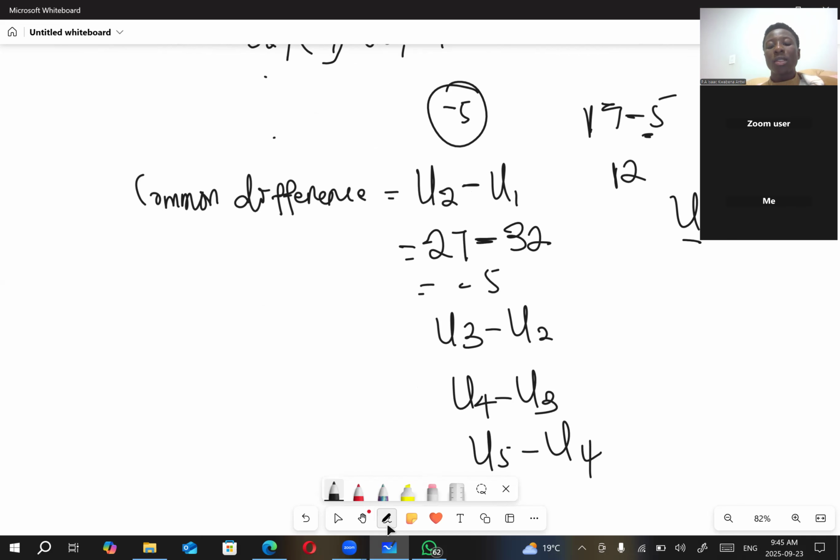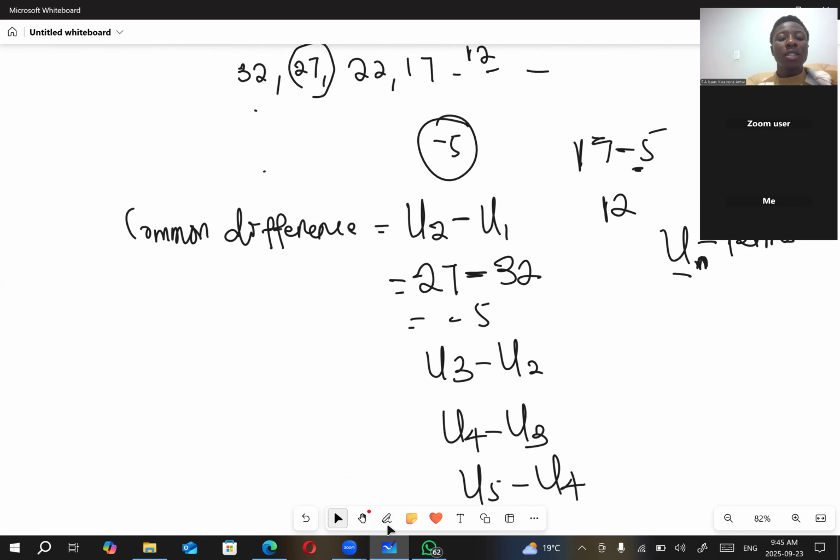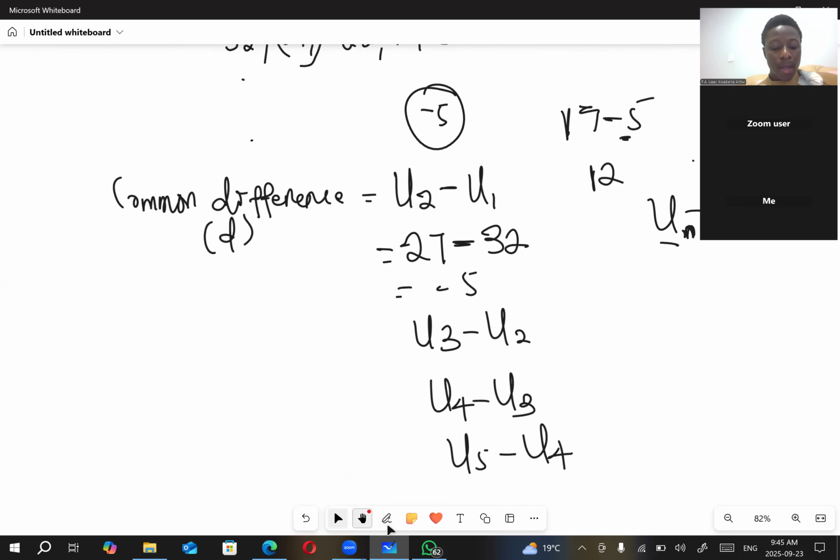So succeeding term minus preceding term. That's the whole concept. This is how we find the common difference, and I said it's denoted with the symbol D. Are we together?